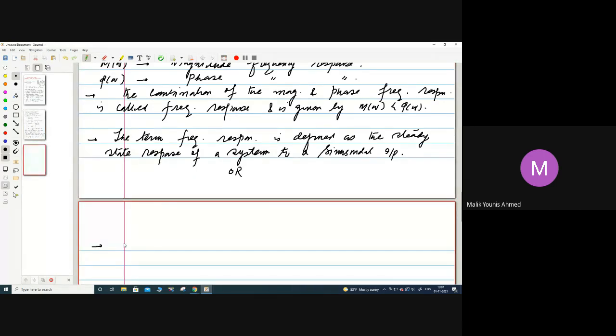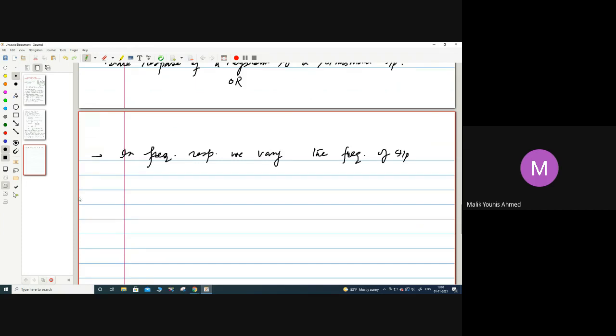In frequency response, what we normally do is vary the frequency of the input signal over a certain range, maybe 0 to infinity, and then study the resulting response.